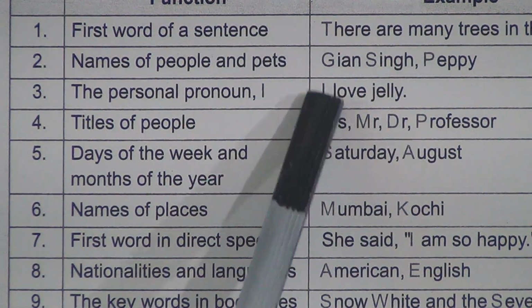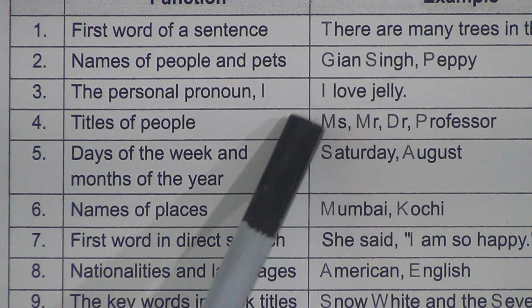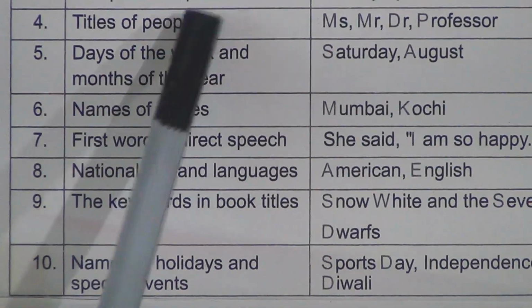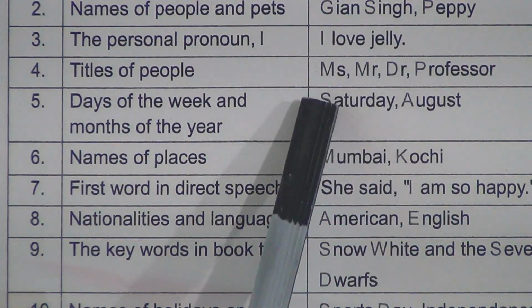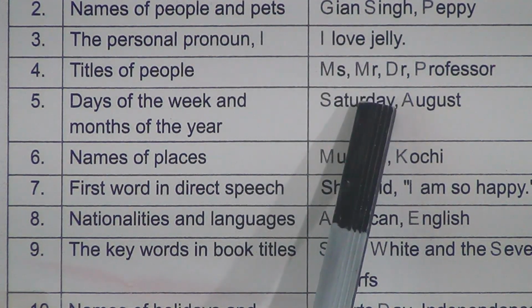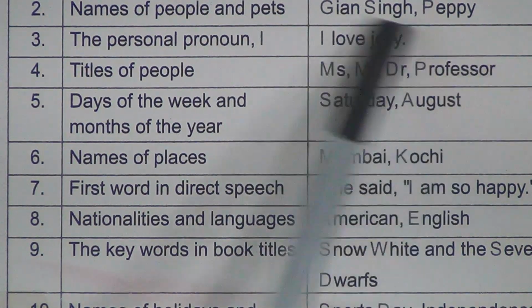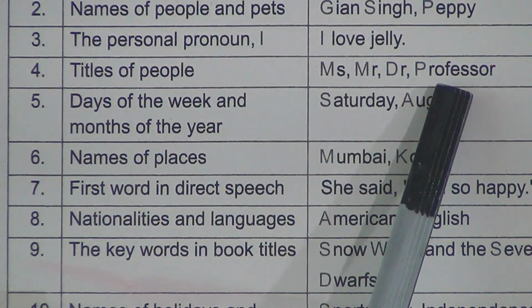As it is also the beginning of the sentence, it will be in capital letter. Now come to number 4, titles of people. Miss, Mr., Doctor, Professor. These are called titles of people. That's why all are in capital letter.